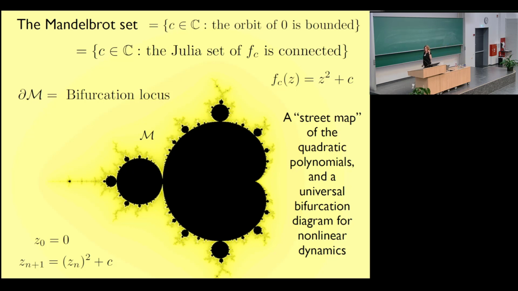More than that, actually, its shape, its topology is really governing global features of these dynamical systems in a way that I don't have time to talk about today. I like to think of it myself as what I've called here a street map for this family of quadratic polynomials. Each region, each part of the Mandelbrot set has what we call a combinatorial address, which you think of as like an address.